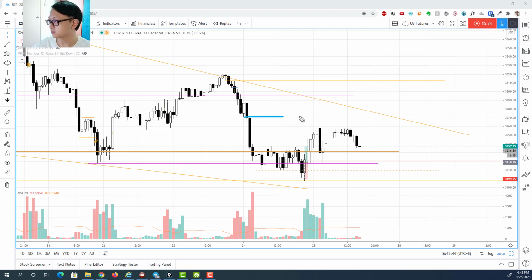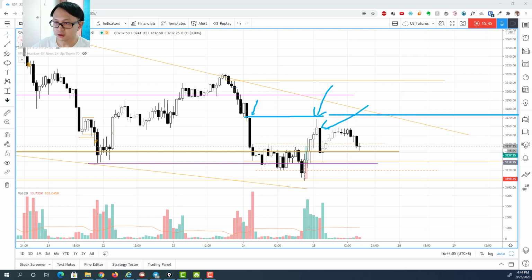You can see that this is the 2 AM bar, just attempting to overcome the supply zone here, but actually failing. And here comes this selling bar, but that did not really take us below the immediate support level. So we still have a chance to attempt to break above the immediate resistance level at 3270.